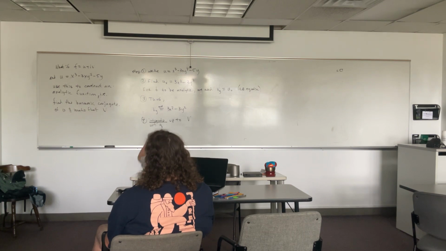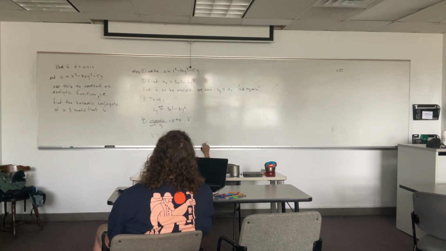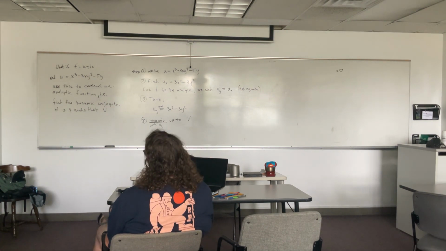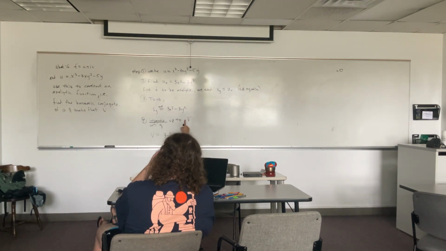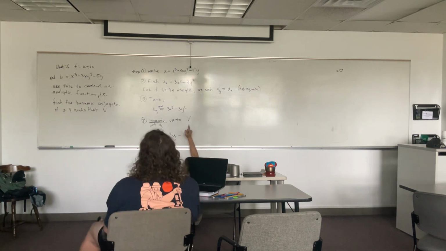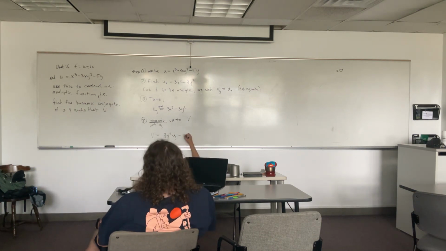So v equals, what is the antiderivative here, with respect to y? 3x squared y minus, y cubed over 3, by the power rule, so it goes up to y cubed, divided by the 3, plus a constant that could depend on x.